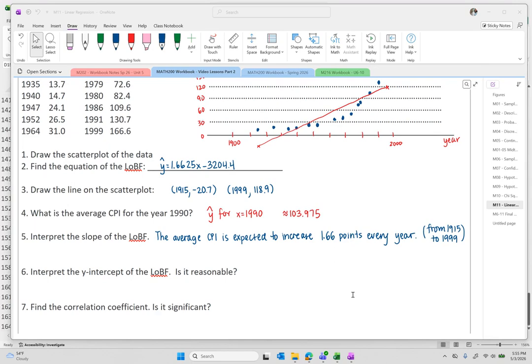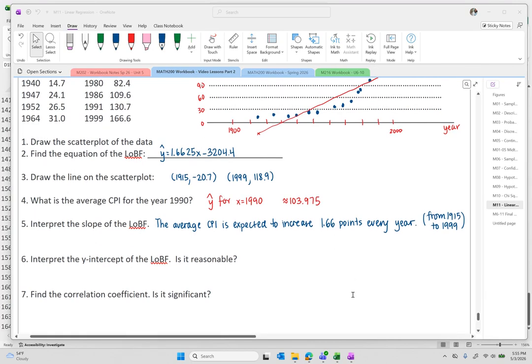We want to interpret the y-intercept and check if it is reasonable. The y-intercept is the value negative 3,204.4, and it will be the expected value of y when x is equal to 0.